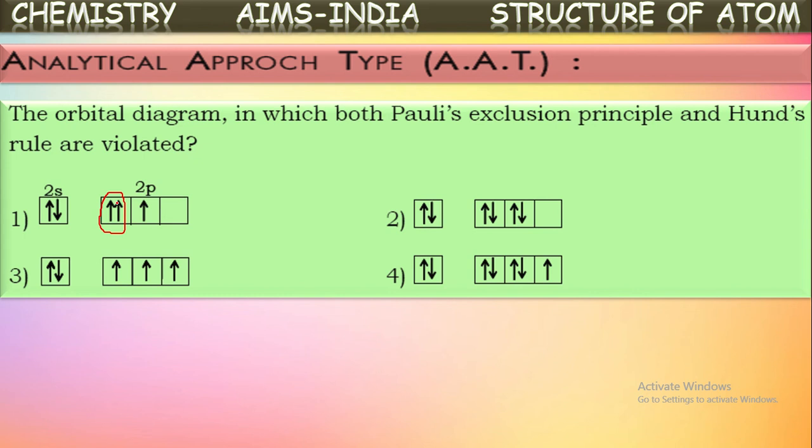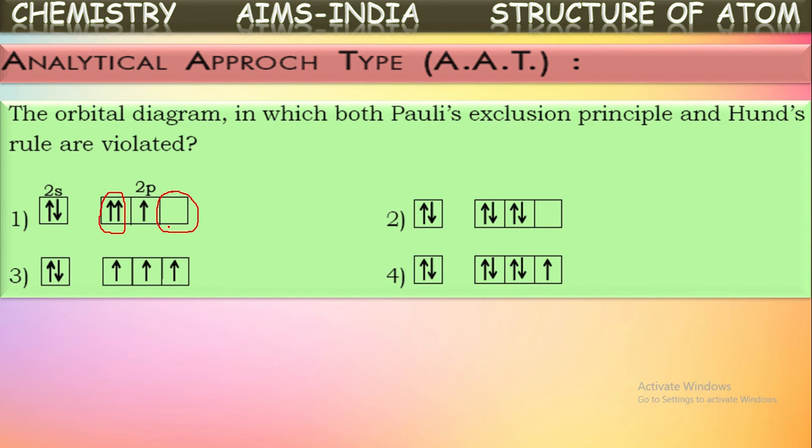That is a violation of Pauli's principle. And here, the third p orbital is kept vacant while the first orbital contains two electrons, which is in violation of Hund's rule.